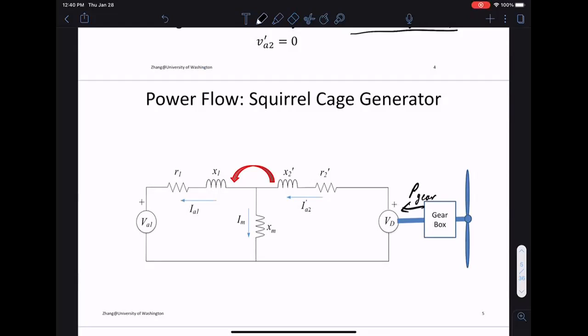You don't get all the power from the gearbox. So this loss shows up as PD. We have a developed power. Developed power is the electrical power that you get once the mechanical power from the gearbox is converted to electrical. So this is our power.